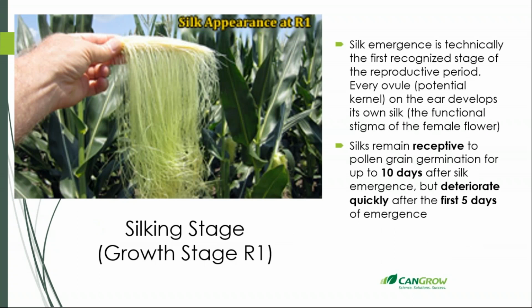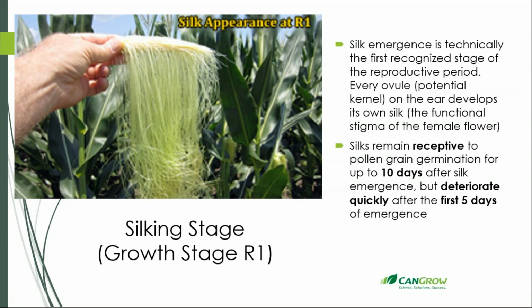So silk emergence is technically the first recognized stage of the reproductive period. Every potential kernel on the ear develops its own silk, the functional stigma of the female flower. And the silk remains receptive to pollen grain germination for up to 10 days after silking.